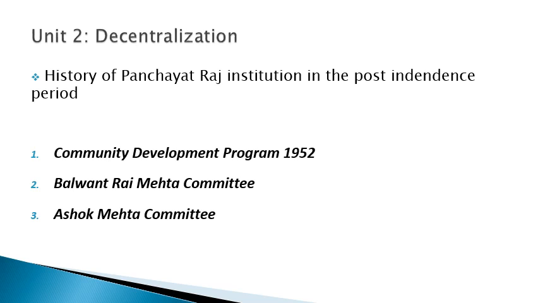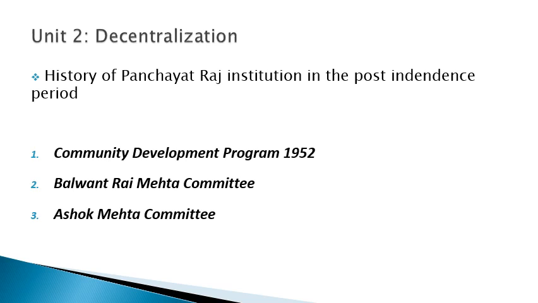But due to the collapse of the Janata government before the completion of its term, no action could be taken on the recommendations of the Ashok Mehta committee at the central level. Okay, and the three states of Karnataka, West Bengal, and Andhra Pradesh took steps for the renaissance of Panchayati Raj.